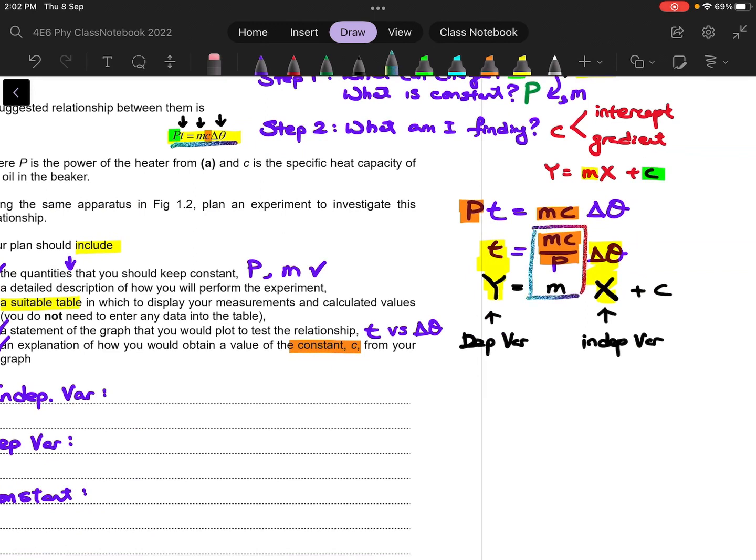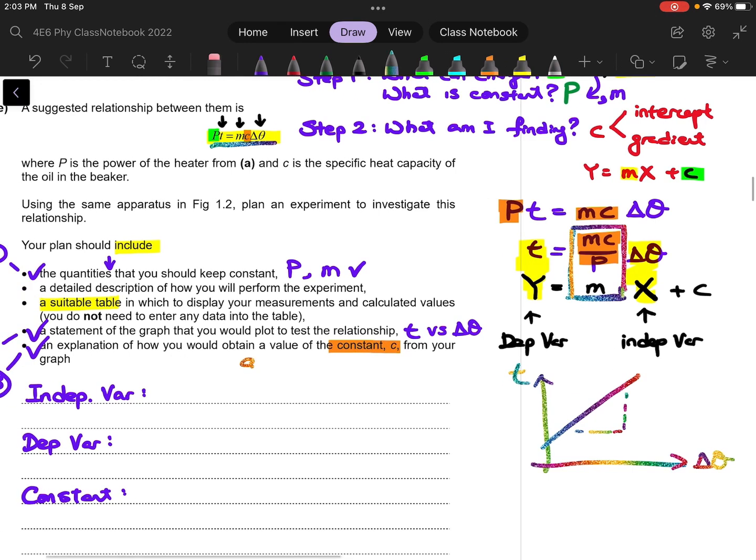So I know that in my graph, after I plot this graph of T versus delta theta, I'm going to get a straight line, and the gradient of this straight line is going to equate to MC over P. So I know that my gradient over here is going to be equal to MC over P. Well, this means that if I want to find C, it will be P times my gradient divided by M, right?